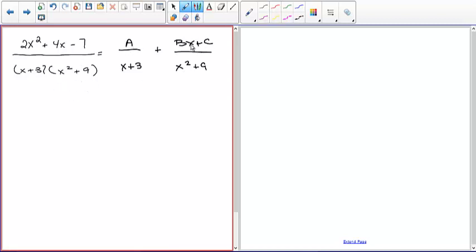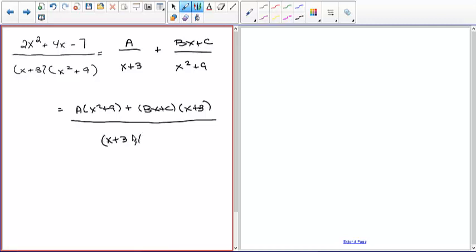So if we cross multiply the two terms on the right hand side, we'll have A times x squared plus 9, plus Bx plus C times x plus 3, all over x plus 3 times x squared plus 9.